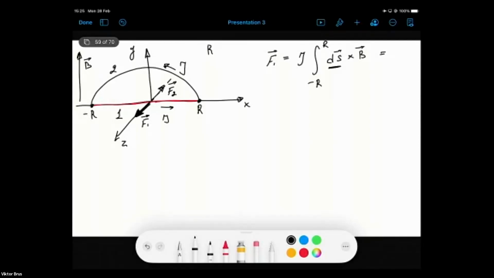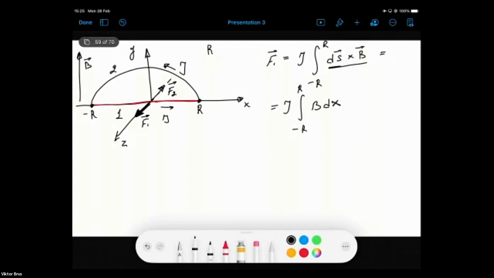Taking this into account, we can substitute this cross product with just the following: I integral from minus R to R, here will be just the magnitude of the magnetic field times dx.